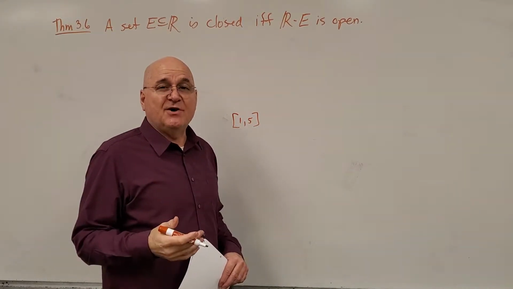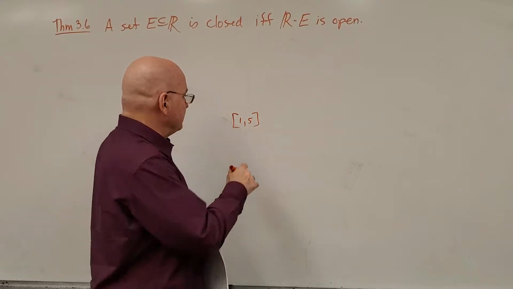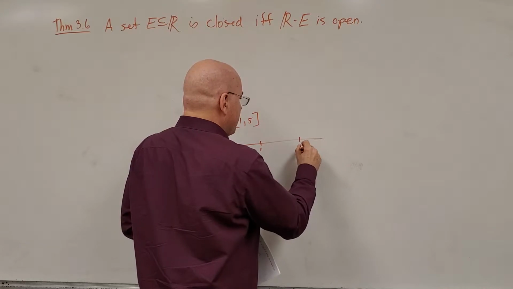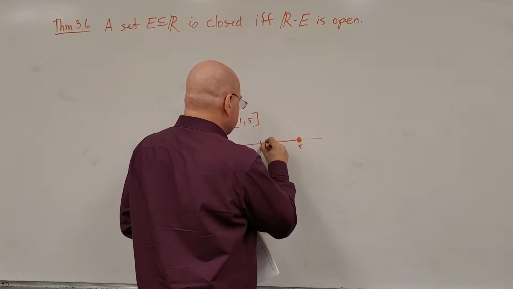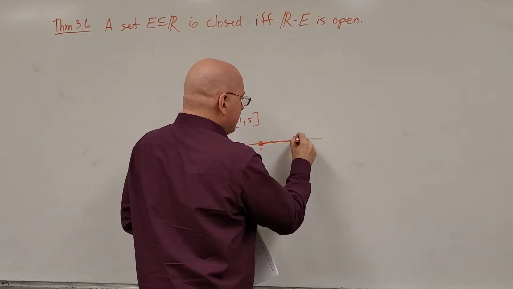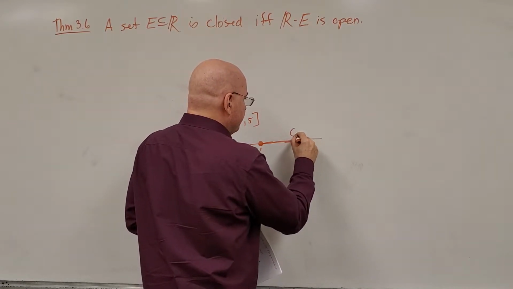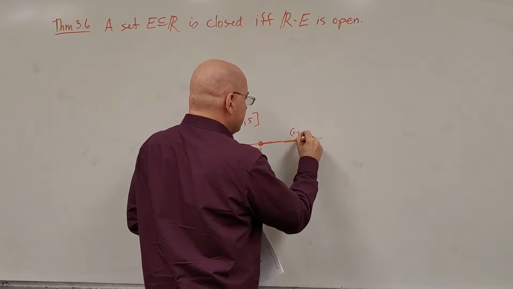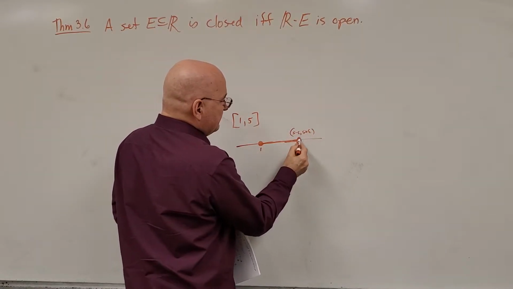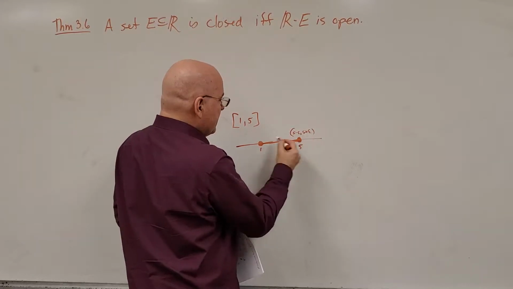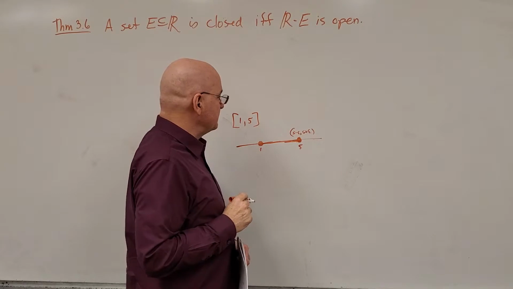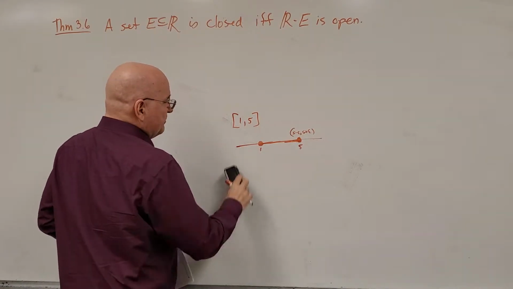And the answer is no. The only problem points are the endpoints 1 and 5. The number 5, though, if you go from 5 minus epsilon to 5 plus epsilon, beyond 5, in between 5 and 5 plus epsilon, is not completely contained inside here, no matter how small epsilon is. So this closed interval is not an open set.